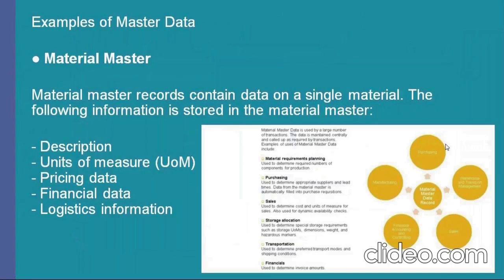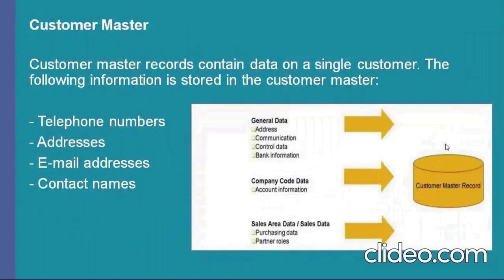Now, as I mentioned, we have material master, which is one of the master data we are going to talk about. Then customer master. In MDG, we have a business partner concept, where business partner is the high level hierarchy, and under that you have a lower level hierarchy, which is ERP customer and ERP vendor.